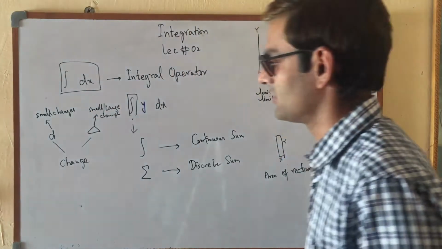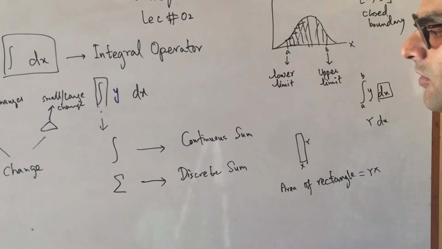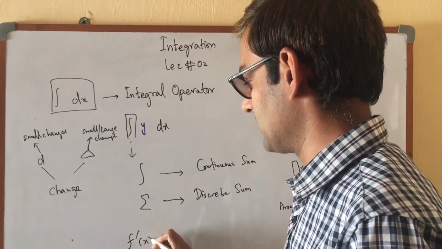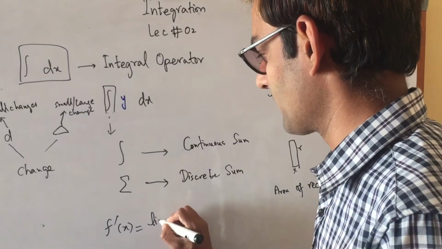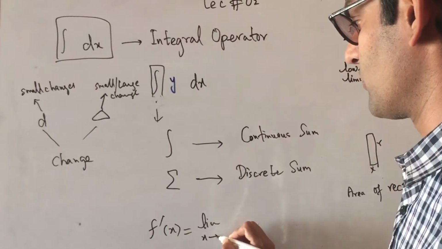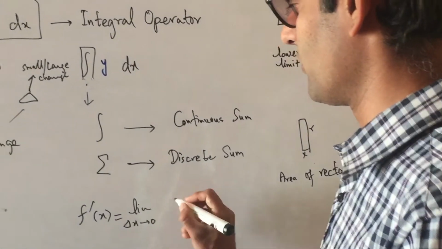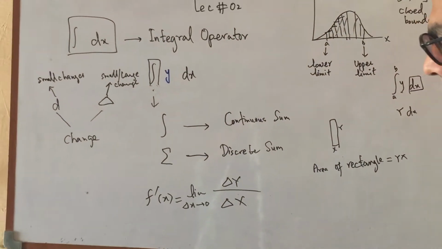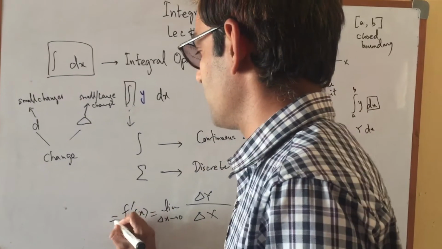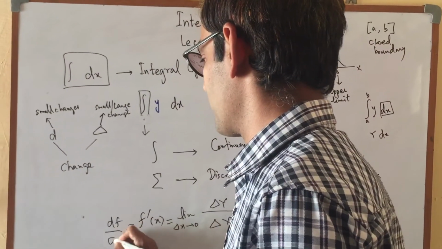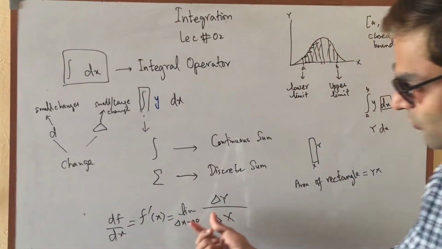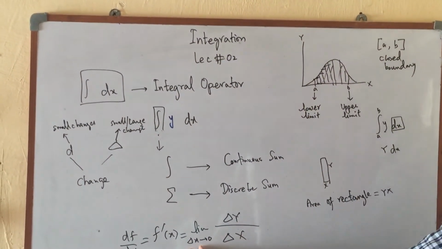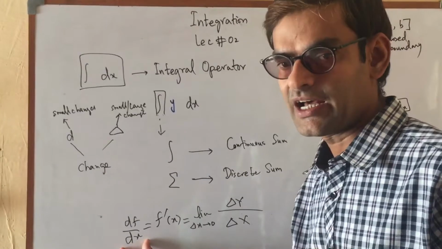In calculus we learned the first principle: f prime of x is equal to the limit as delta x approaches 0 of delta y over delta x. So f prime x means df over dx. If the change in the x-axis is very small, it becomes this derivative.